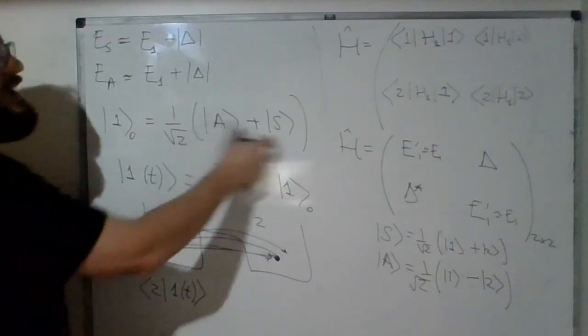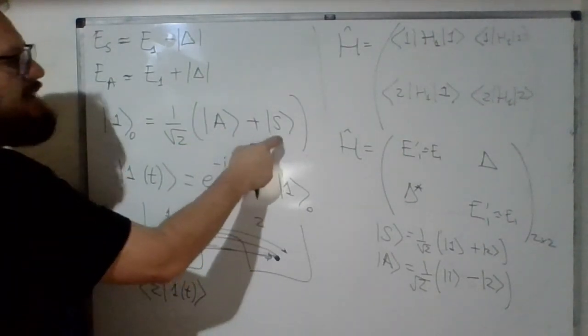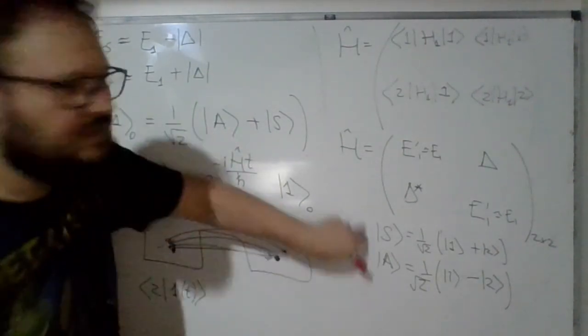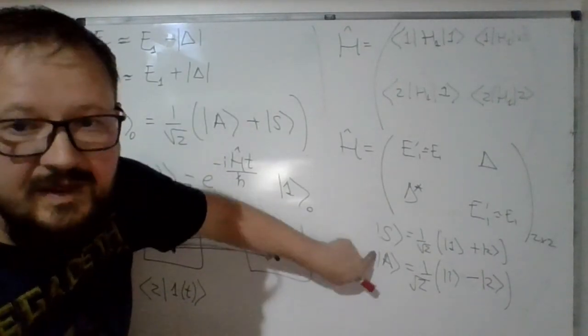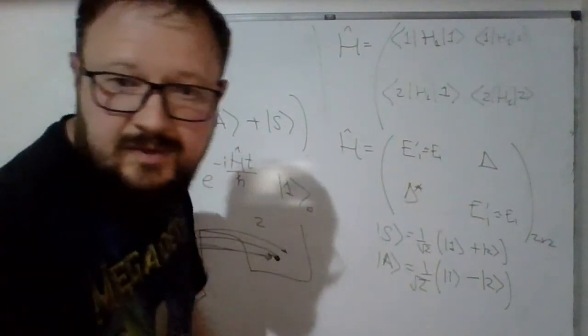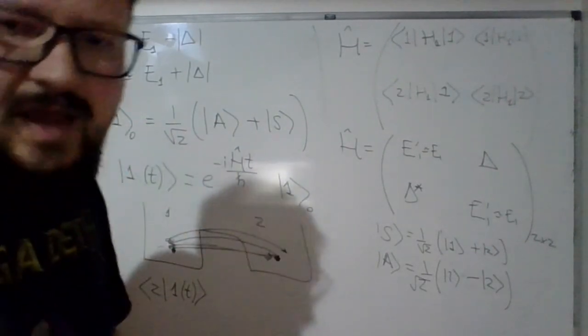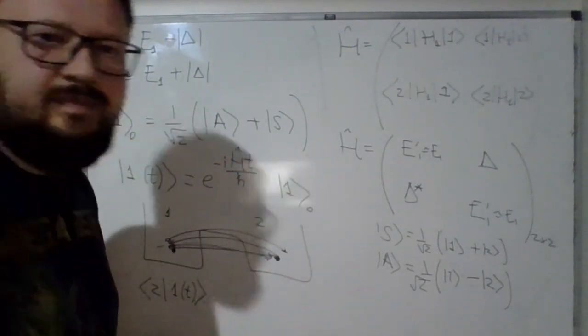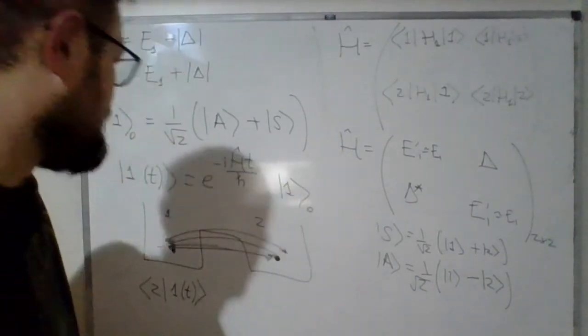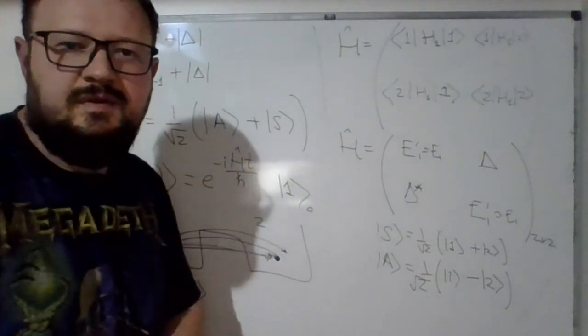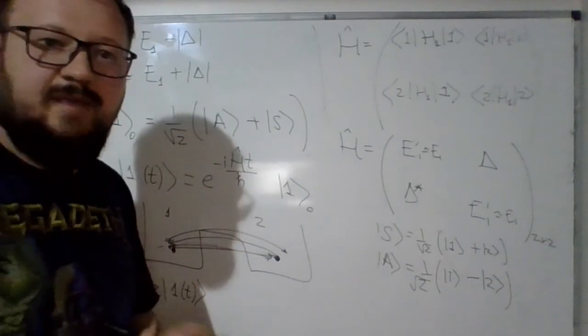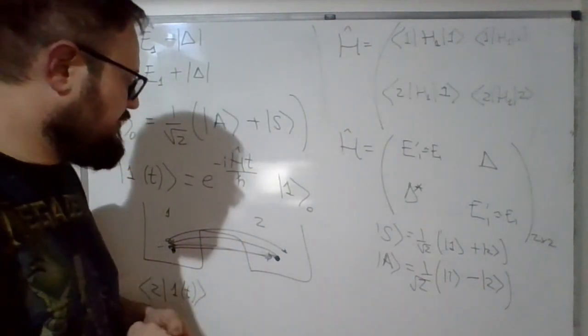This is a summation of symmetric and anti-symmetric states, which corresponds to something like this. And you can perform the calculations. All right, but it's a very interesting problem. It has to do with tunneling, and I will let you do the calculations, do the math. It's a very, very interesting problem.